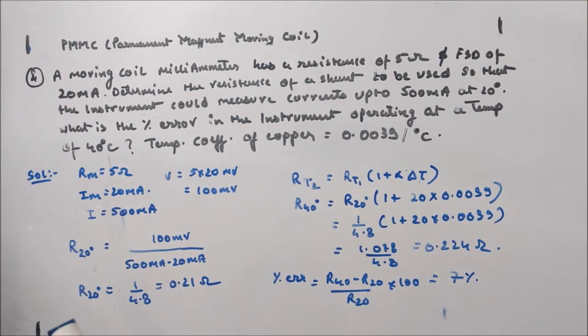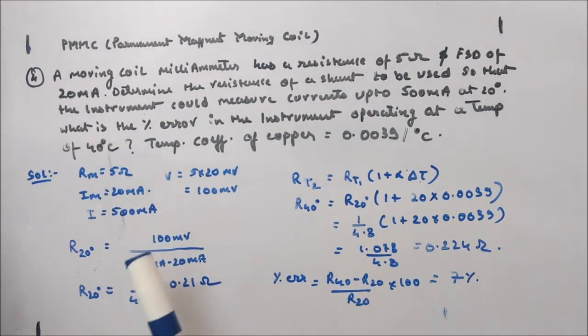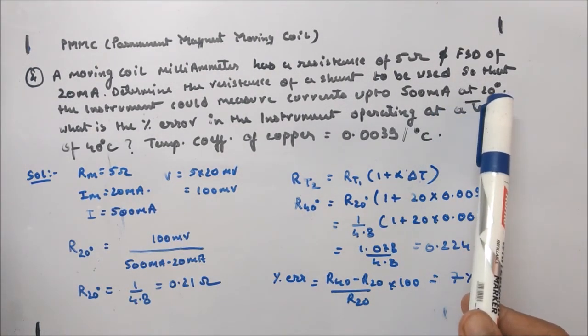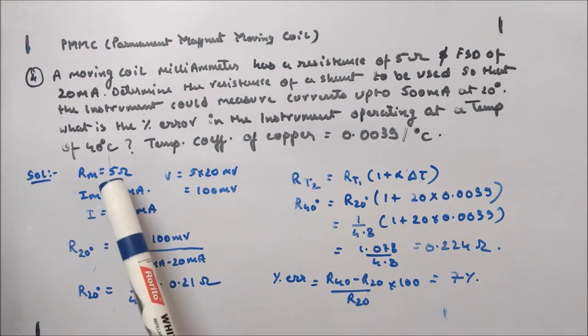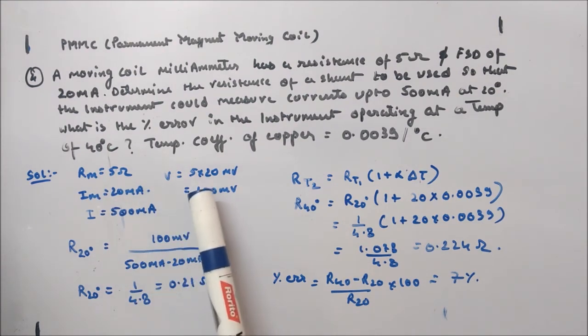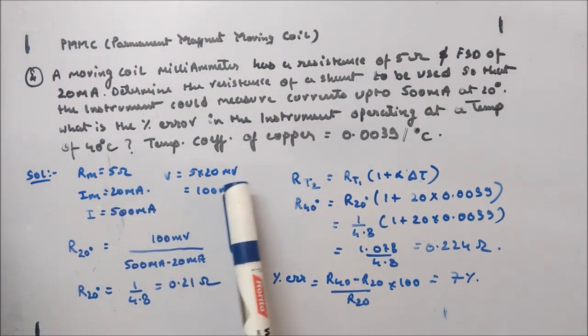So let's look at the solution. It is given that Rm is 5 ohm, Im is 20 milliampere and line current is 500 milliampere at 20 degrees Celsius. By using Rm and Im, you can calculate the voltage across the instrument, that is 5 into 20 millivolt, that is 100 millivolt.